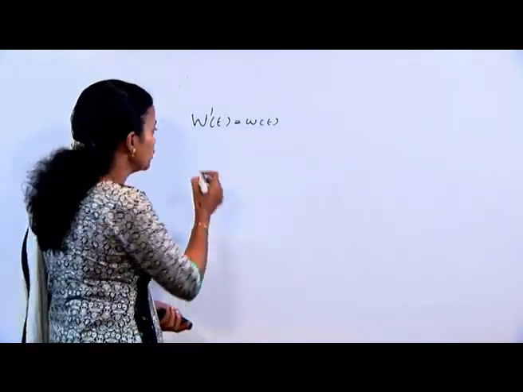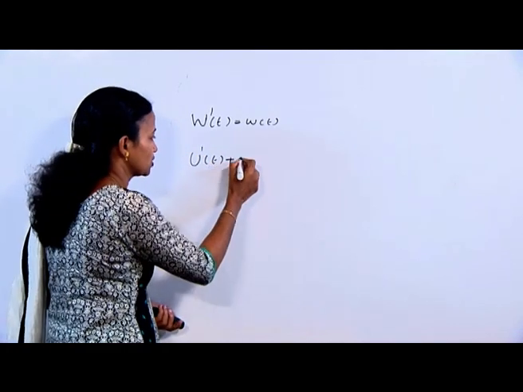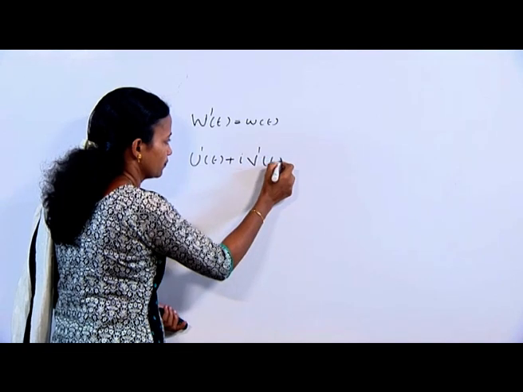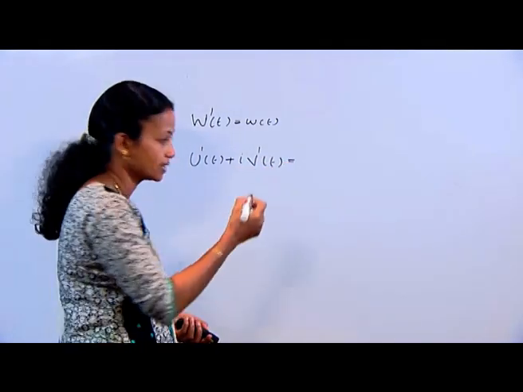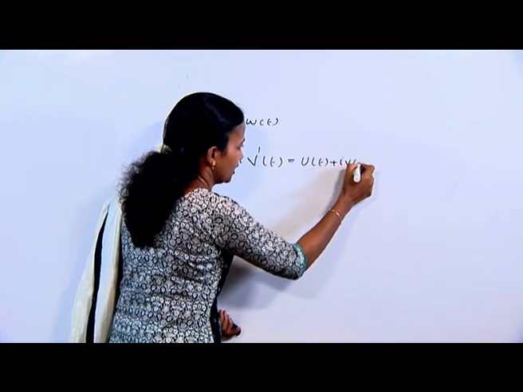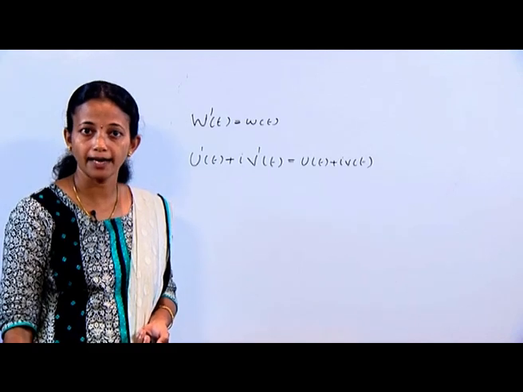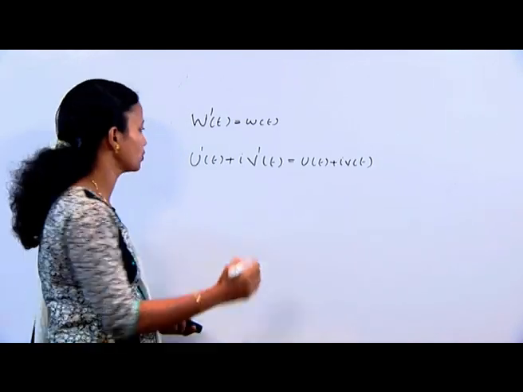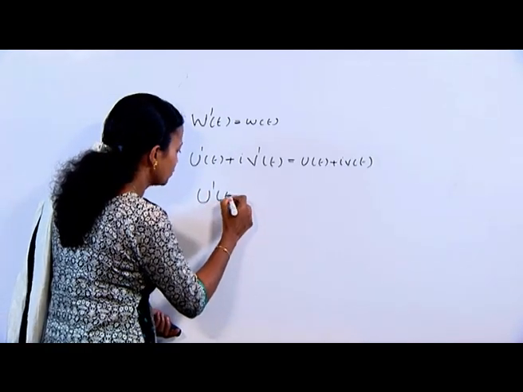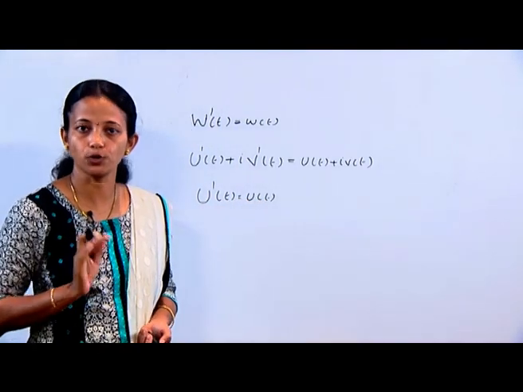Then we have capital U dash t plus i capital V dash t, which is equal to what? Our small u(t) plus i v(t). Here we have capital W and here we have small w. And so, capital U dash t is equal to small u(t). Similarly, capital V dash t is equal to v(t).